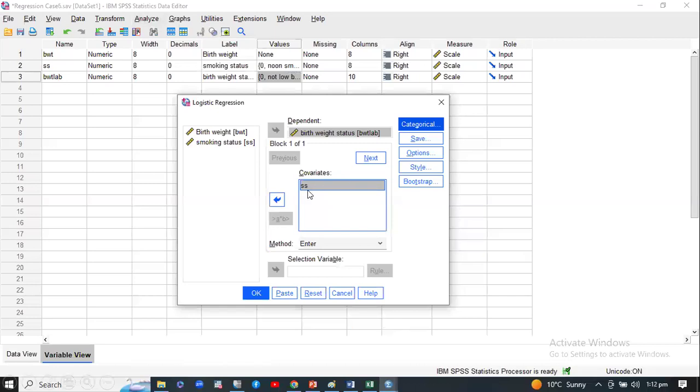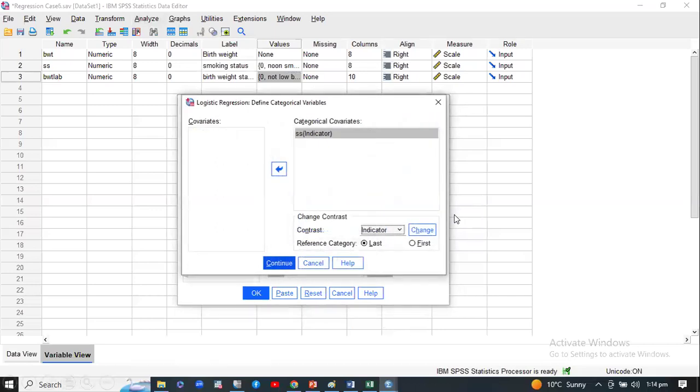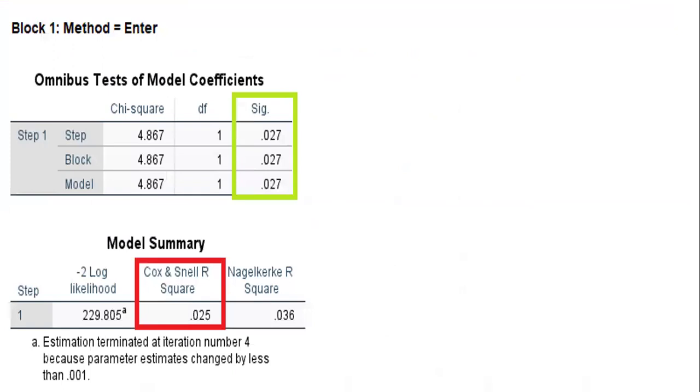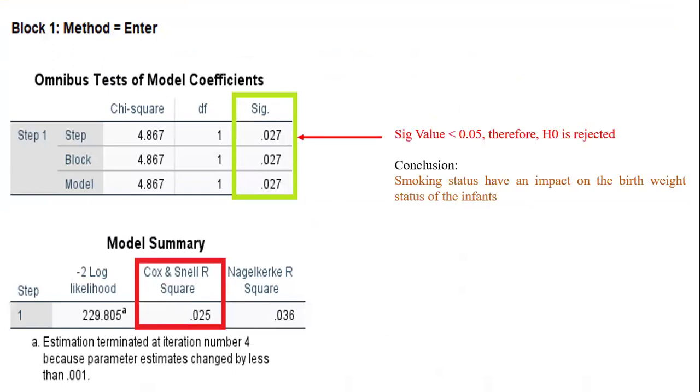If it is continuous, you can consider it as a covariate, but if it is categorical, you need to declare it as categorical. So here you put it and then click continue. It will show you similar results like this.